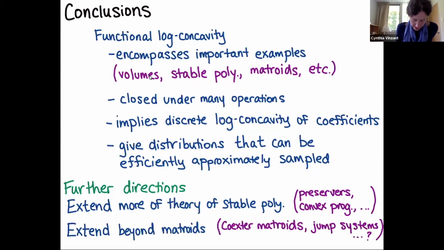And from the combinatorial side, I think it'd be very nice to try and extend this story to other combinatorial objects beyond matroids, necessarily having to sacrifice some of the bounds that you would get. But for example, jump systems would be a natural generalization. Coxeter matroids would be great, although we don't know quite how to do it. But those are some of the open questions in this area. And that is all I have. Thank you for your attention.